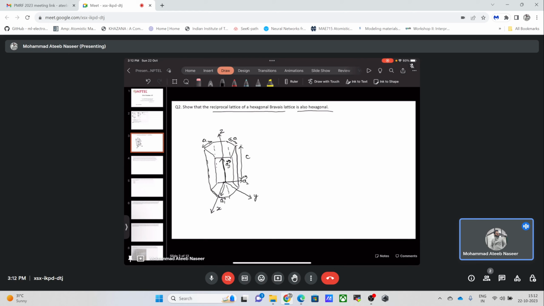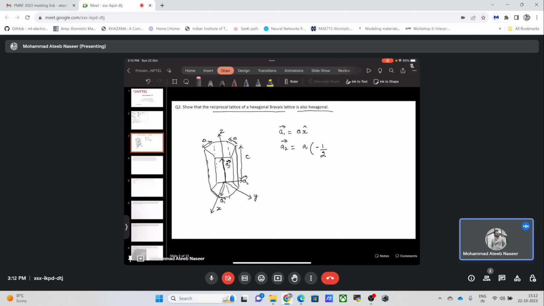So we have represented this vector a1 simply as a times the unit vector along the x. The a2 will simply be a combination of these two: one component along the x-axis and another component along the y-axis.